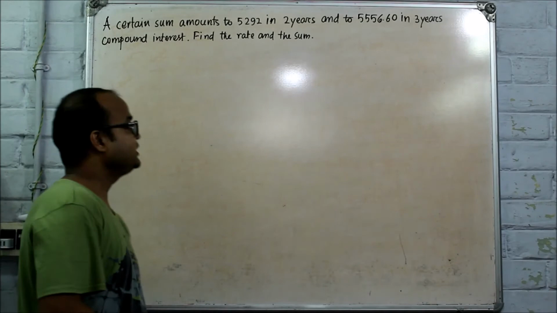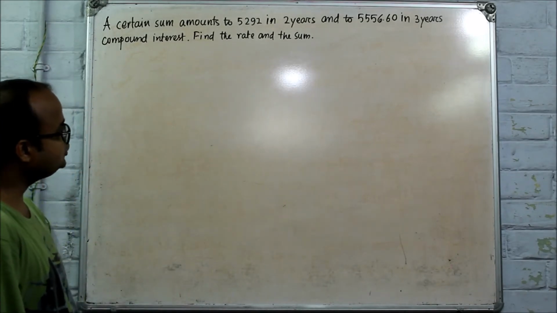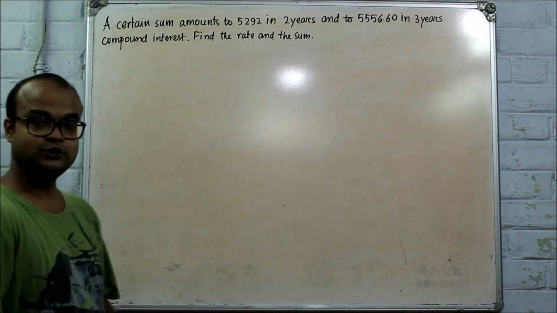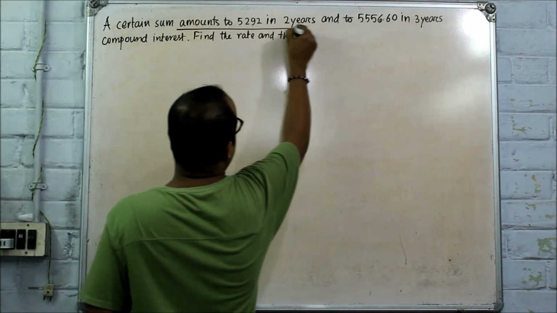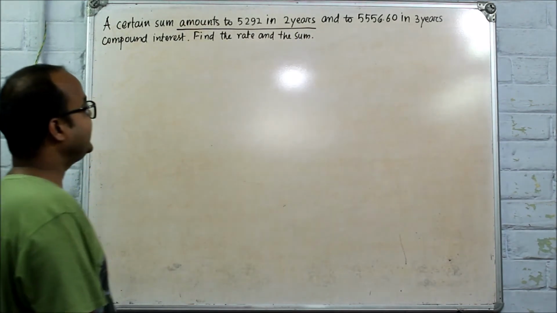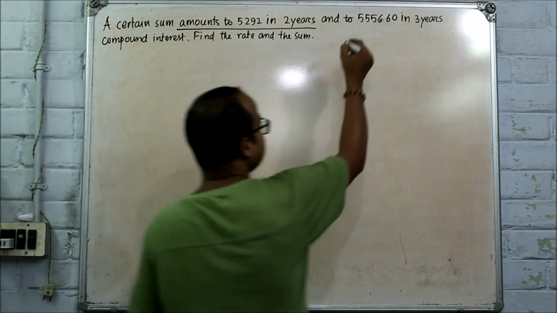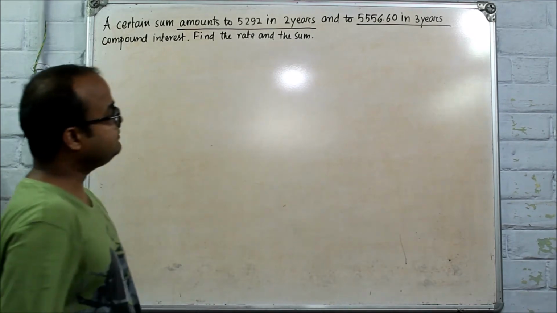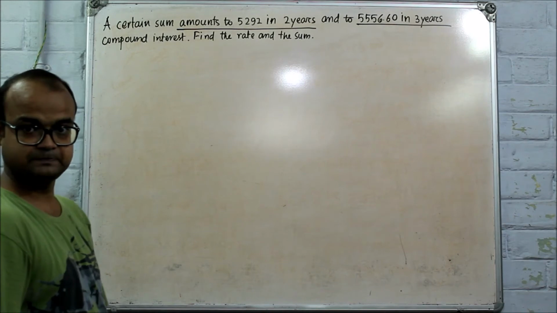Let us discuss the next problem. A certain sum amounts to 5292 in 2 years, and the same principal amounts to 5556.60 in 3 years.